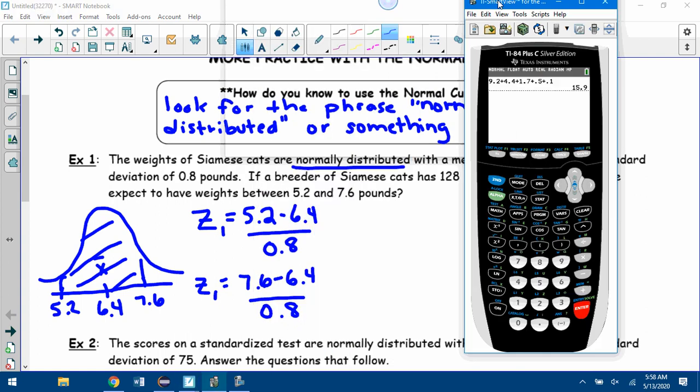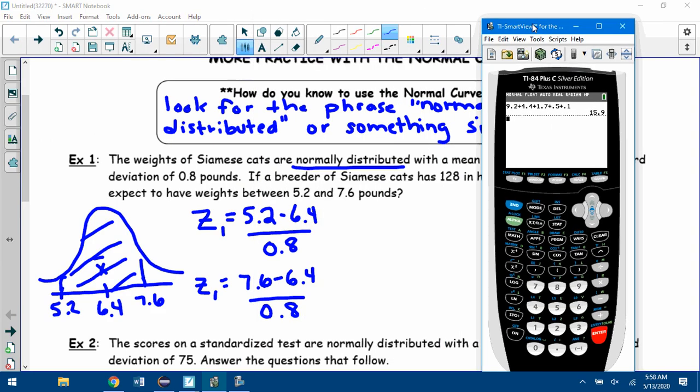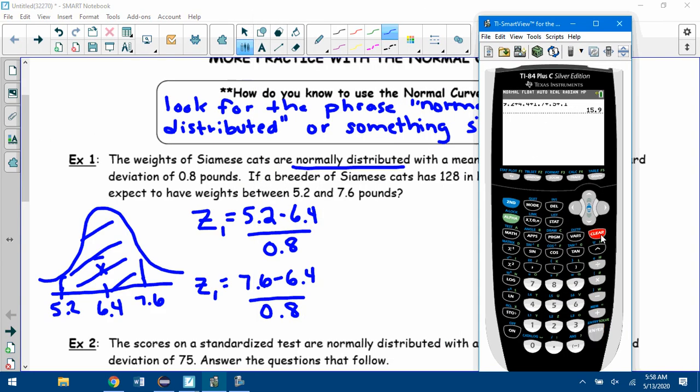I can use my calculator to find both of those. You can use alpha y equals, or you can just be careful: 5.2 minus 6.4, hit enter before you divide by 0.8. So there's your lower z-score. And my upper one is 7.6 minus 6.4, hit enter, divided by 0.8. So I'm going from negative 1.5 to positive 1.5.